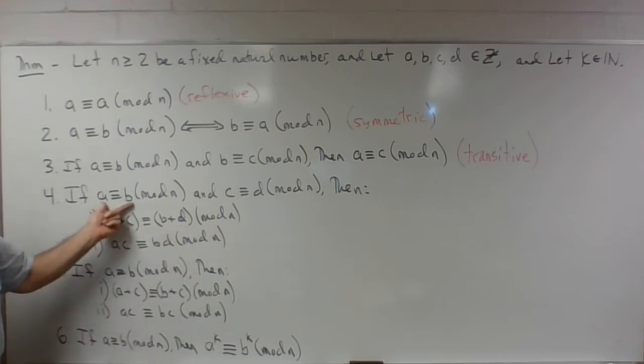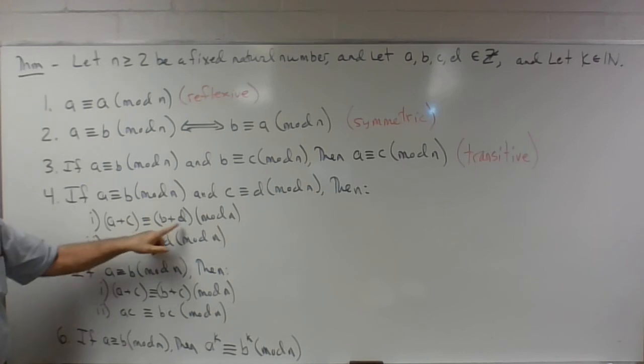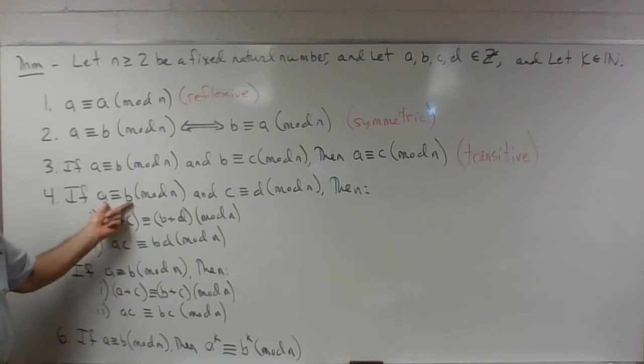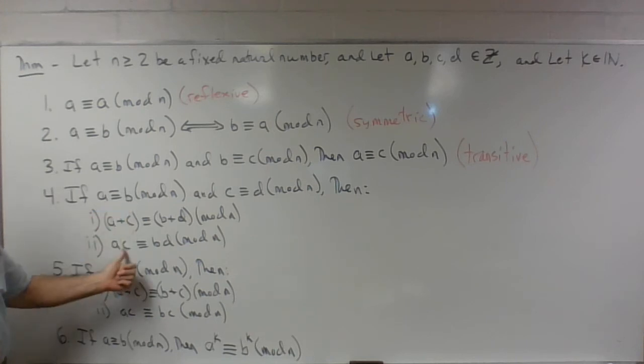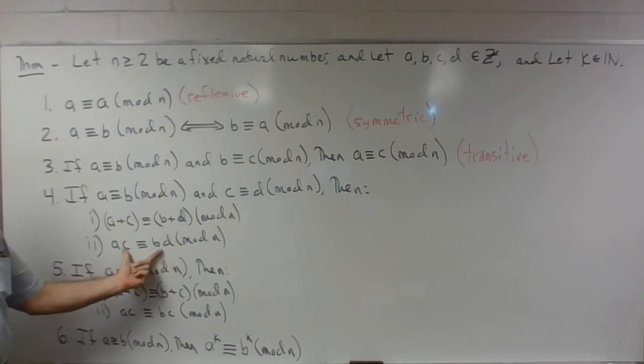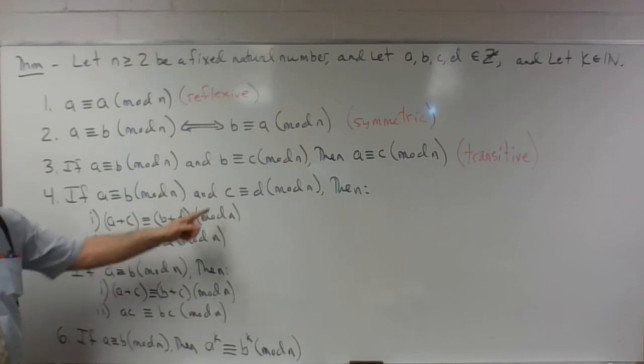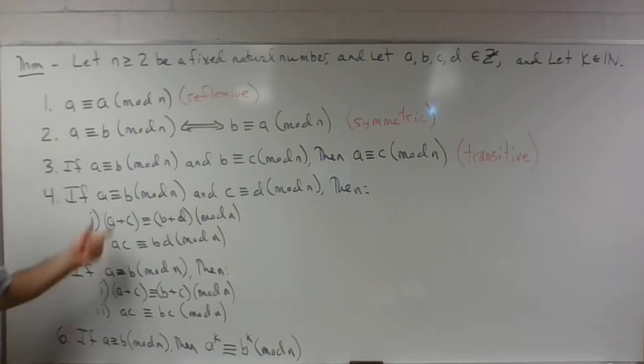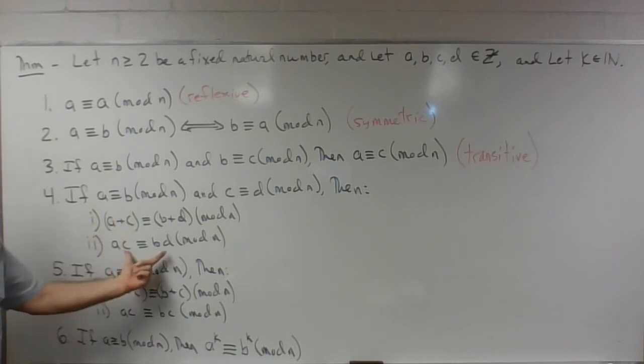So we're taking this congruence and we're adding c and d to both sides, where c and d are congruent themselves. And if a is congruent to b, then we can multiply both sides of a congruence by c and d, provided that c and d are also congruent. So we can multiply both sides of a congruence by congruent things, c and d.